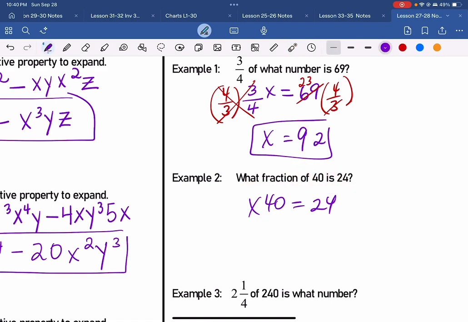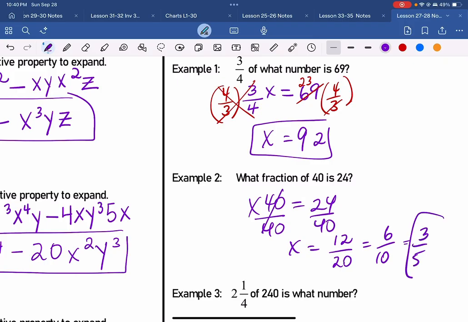So now we can solve it by dividing by 40 on both sides to get x alone. So x is equal to, and we can reduce this, half of 24 is 12, and half of 40 is 20. But we can reduce again, so that's 6/10, or again, 3/5.